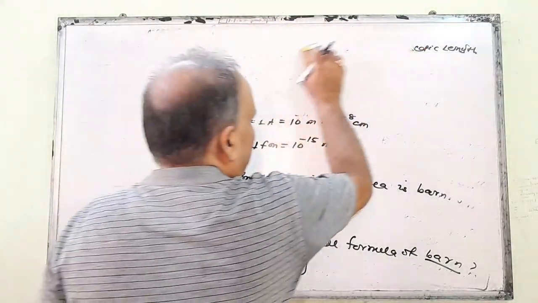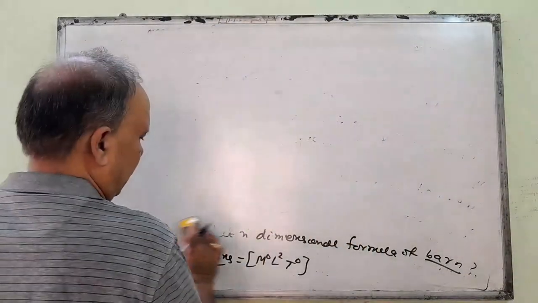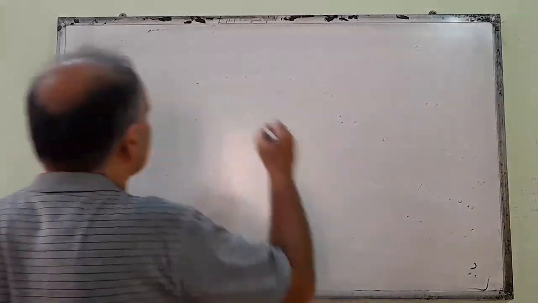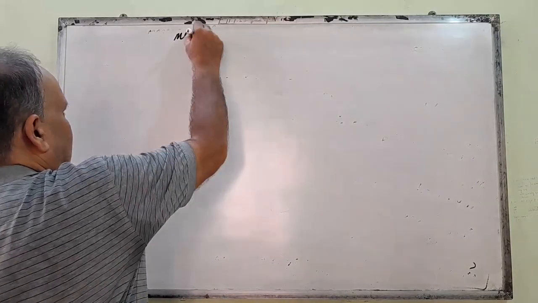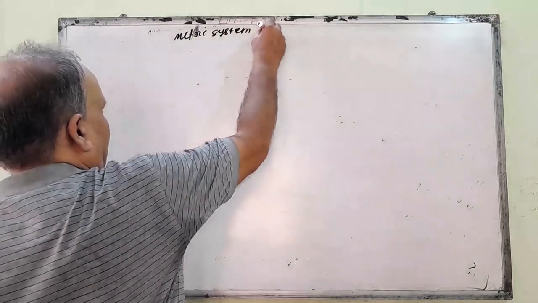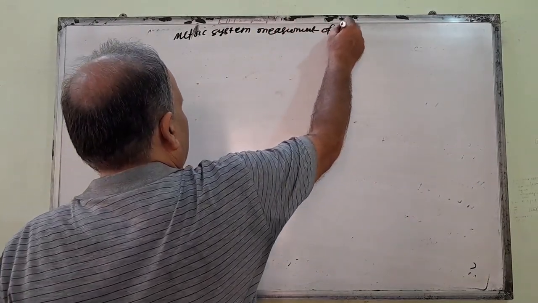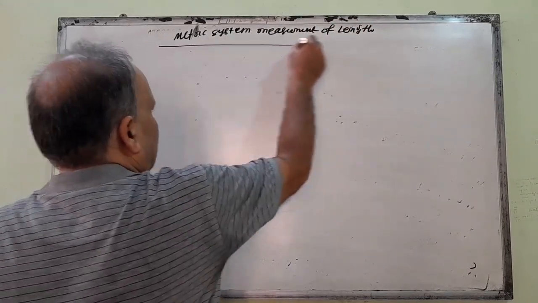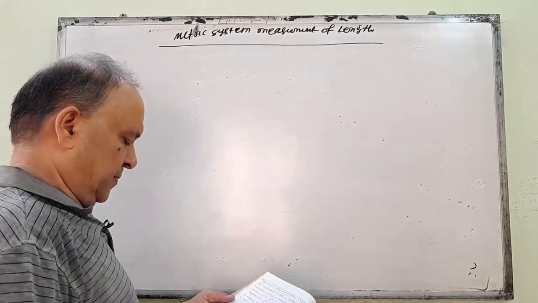Next come to the metric system measurement of length. You see, in the metric system, lengths are measured in powers of 10.